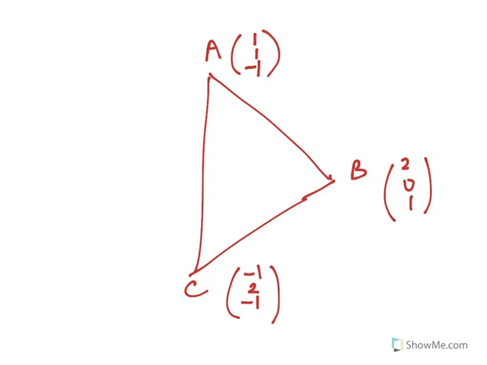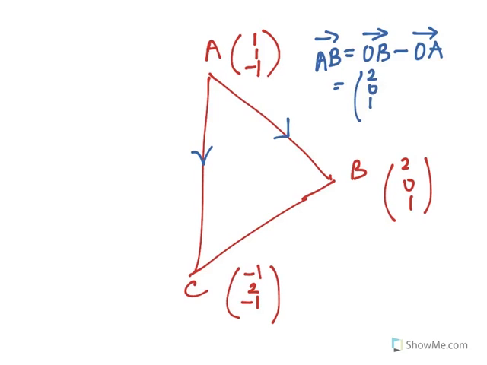Quickly, let's go back to this question. We have AB and AC. What we can do is find AB followed by AC. AB, you can easily do by yourself, equals OB minus OA, which is (2, 0, 1) subtracting (1, 1, -1), giving (1, -1, 2).